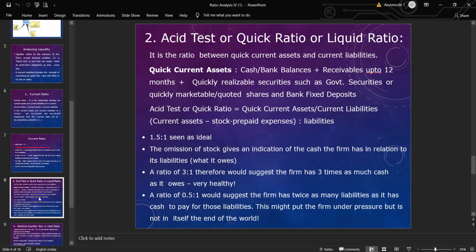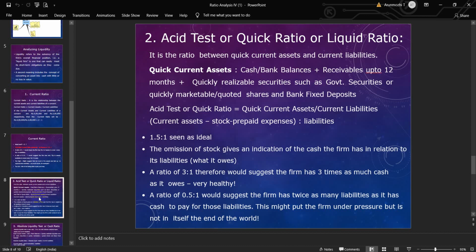Acid test or quick ratio is equal to quick current assets divided by current liabilities, or current assets minus stock minus prepaid expenses.